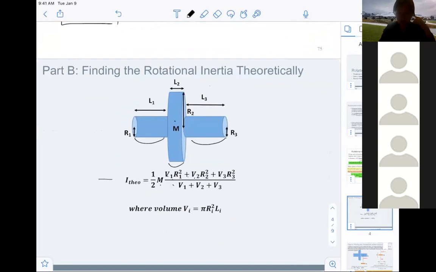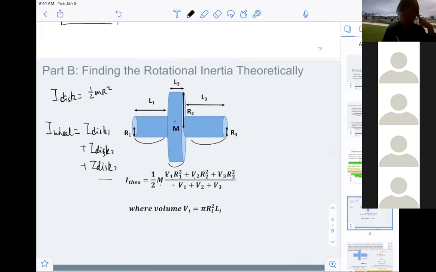And part B of this lab is to calculate the rotational inertia using the definition we just talked about. The rotational inertia for a disk is simply 1/2 mr squared. Now you have 3 different disks, so the entire rotational inertia is disk 1 plus disk 2 plus disk 3 added together.